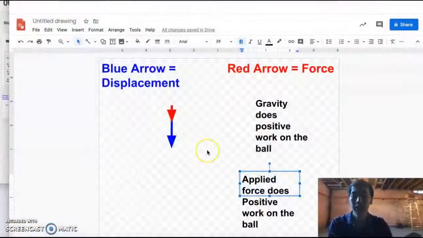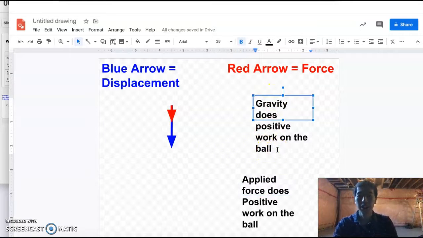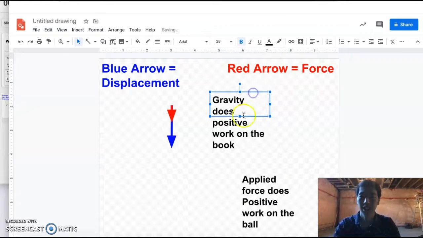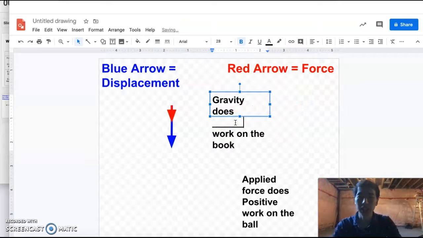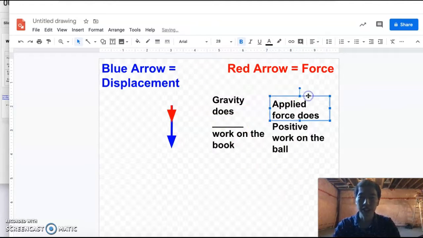And I want to know if each force acting on the book did positive, negative, or 0 work on the book. So I'm going to change ball to book. And I'll put a blank here for now. There's no applied force this time.